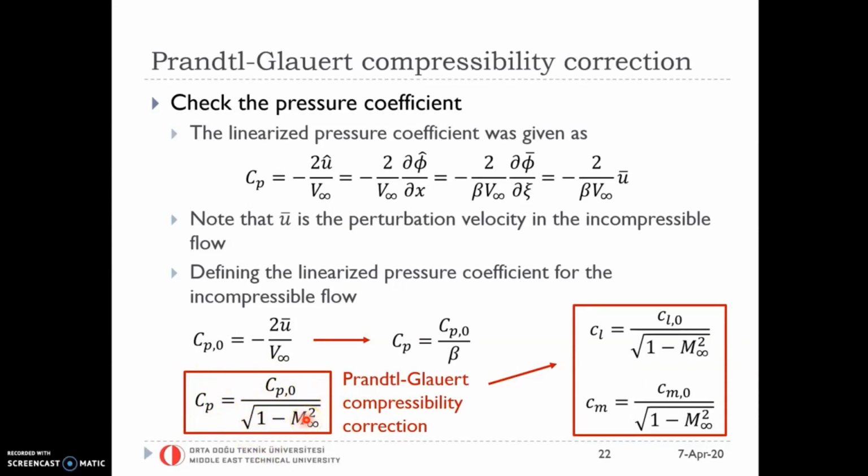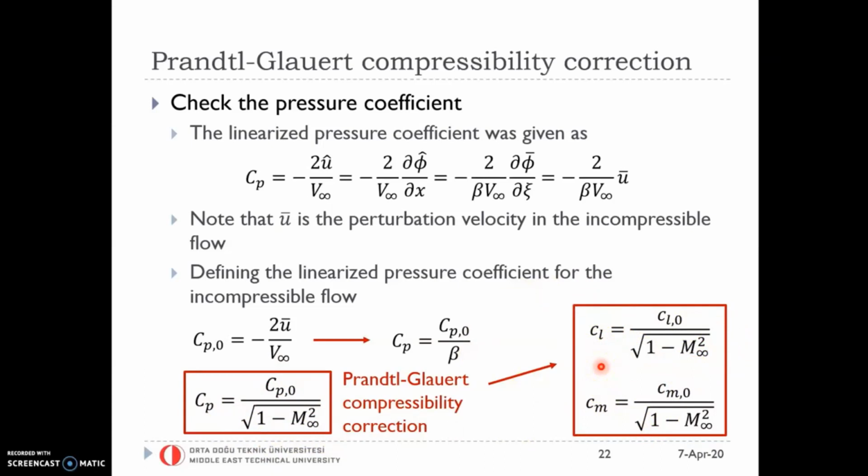So if that's the case, as CL and CM are integrations of the pressure coefficient over the airfoil surfaces, we can safely write down these relations as well, because again the pressure coefficient differs only by a factor here, and then likewise lift and moment coefficients also differ by the same factor, as they are integrated quantities of the pressure coefficient around the airfoil.